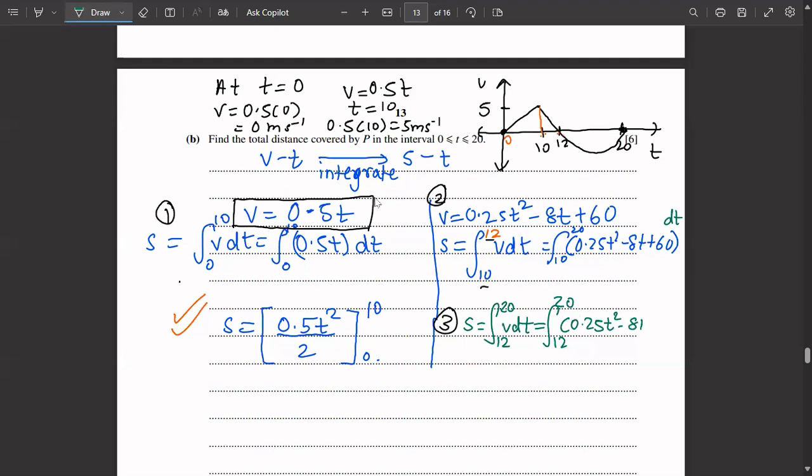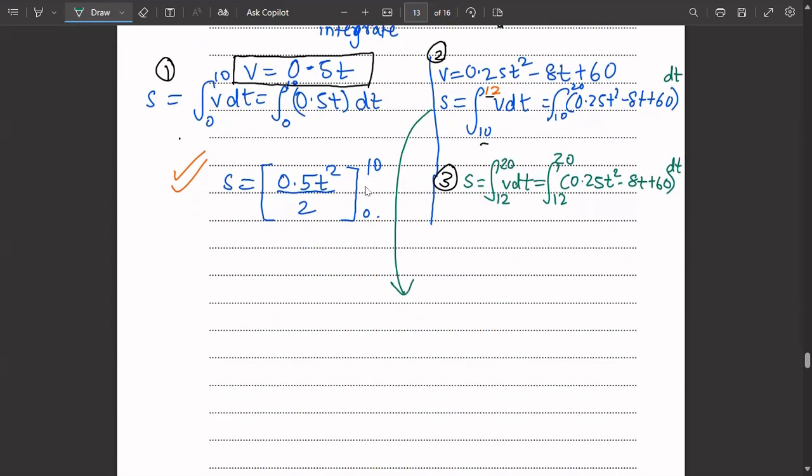So let us open this: 0.25t square will become 0.25t cube upon 3, minus 8t becomes minus 8t square upon 2, plus 60 becomes plus 60t. And the limits will be 12 and 10.